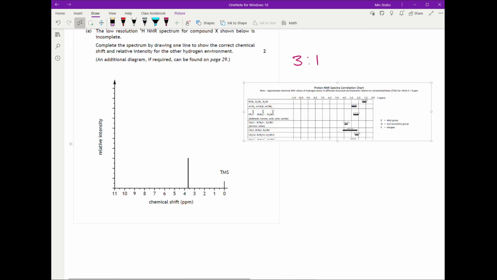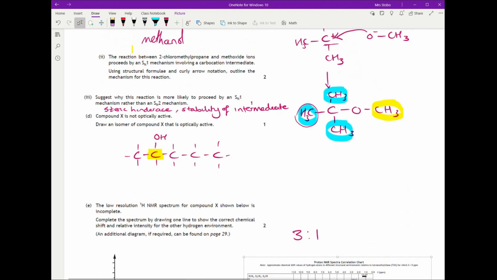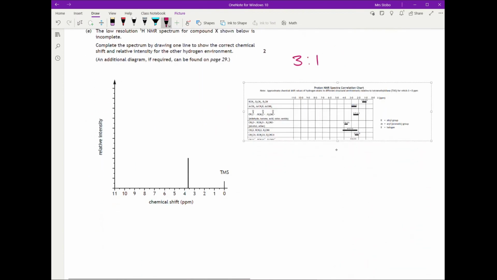Okay, I have no idea how long that took me to clip around with this thing. So we're looking at just our CH3s attached to R groups, so we're looking at the top line. I only actually pulled out the bit that I needed. We need something between 1.5 and 0.9. Now when I look at this again, this is at a relative intensity of 3, so we want a relative intensity of 9.